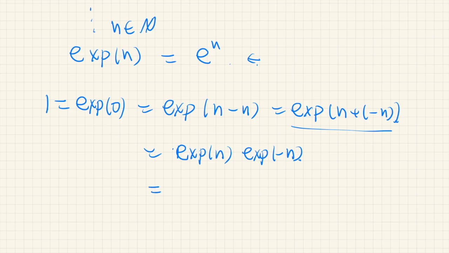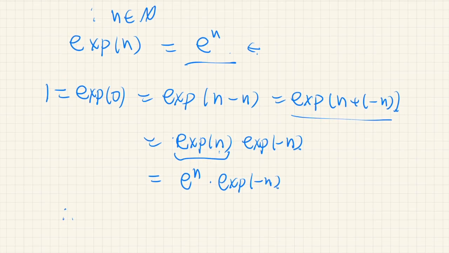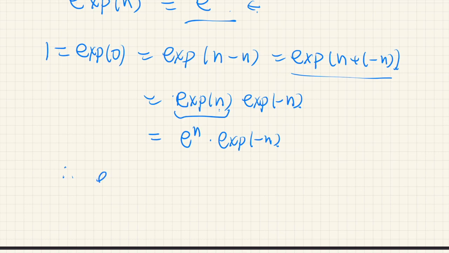And from this result, we know that for positive n, this part is e to the power of n. Therefore, since this is equal to 1, exponential of negative n is equal to 1 over e to the power of n, which is equal to e to the power of negative n.